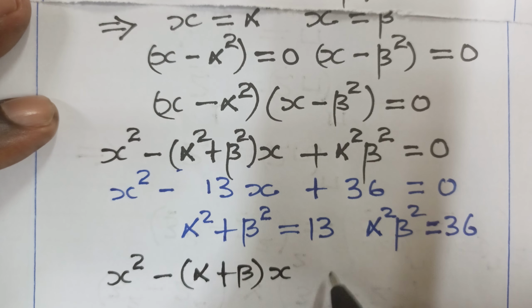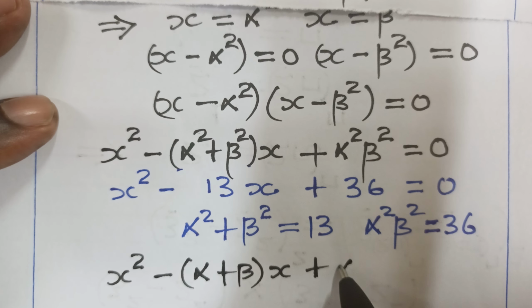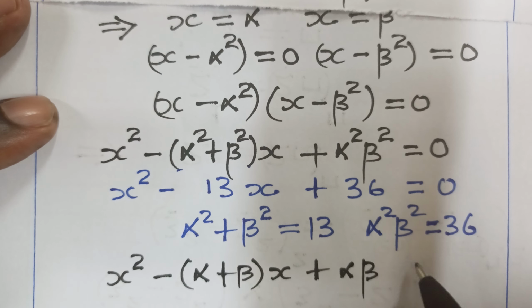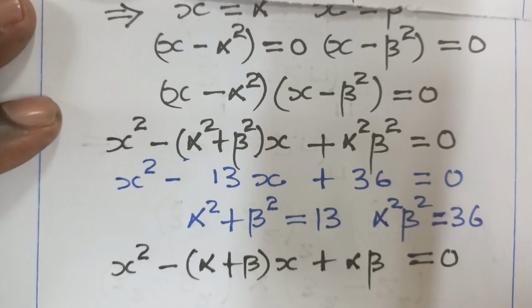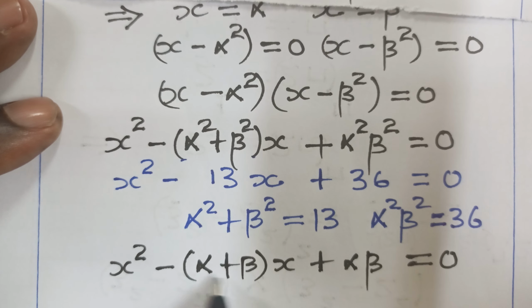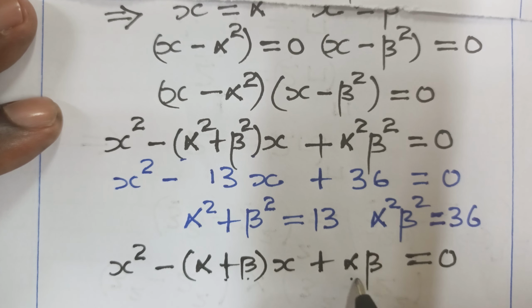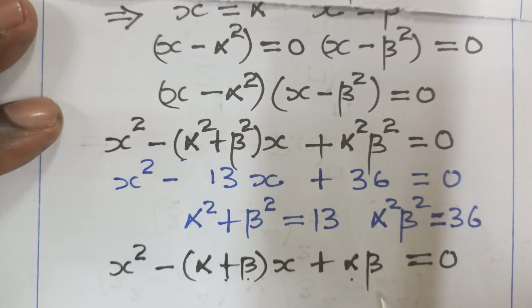Then we have x here plus alpha beta. This equals 0.